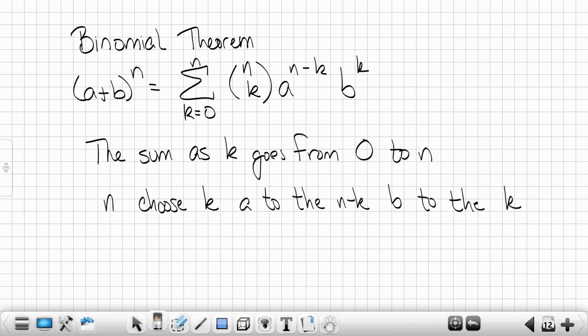The sum as k goes from 0 to n of n choose k, a to the n minus k, b to the k.